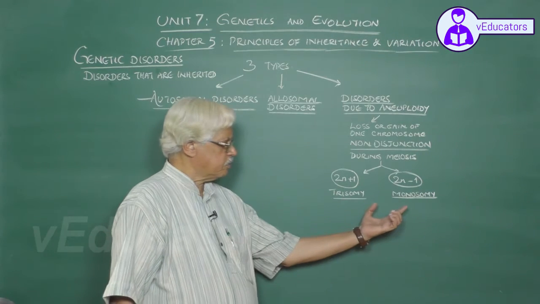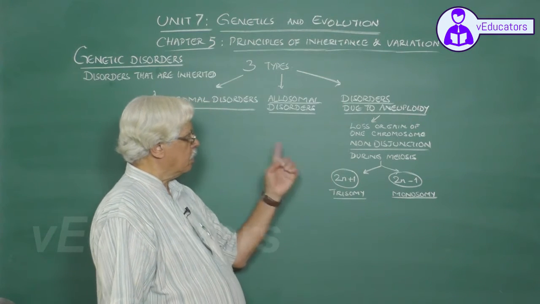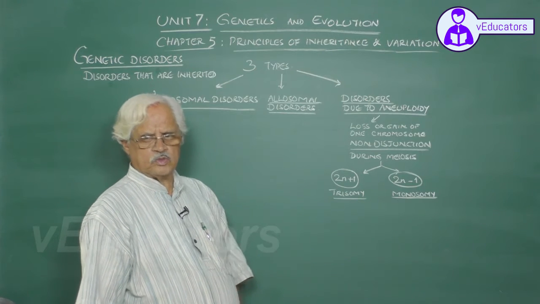Trisomy and monosomy occur both in autosomes and allosomes.